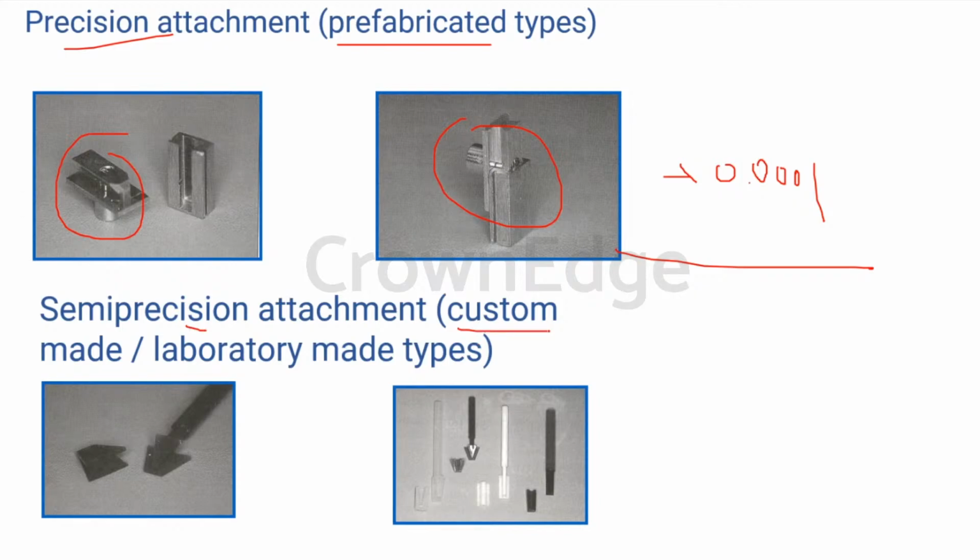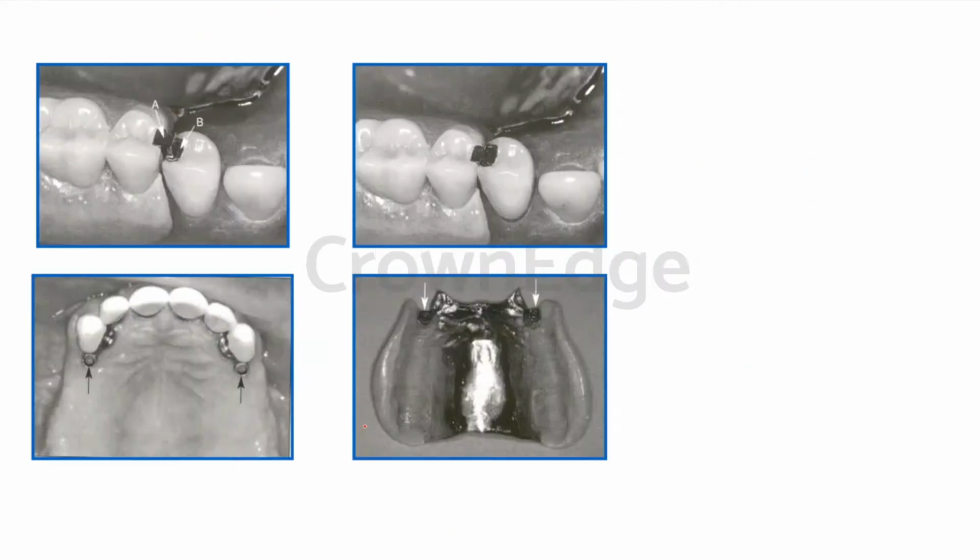Semi-precision is custom made. When I say custom made, it is made according to the patient's requirements. Okay, and these allow slight movement of close to 0.2 to 0.3 millimeters. So there is movement in semi-precision. There's no movement in precision. This is prefabricated. This is lab. So these are different ways in which they work.